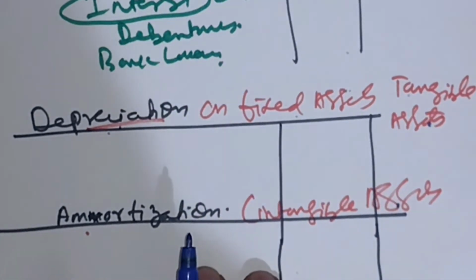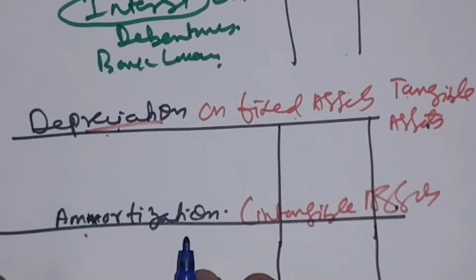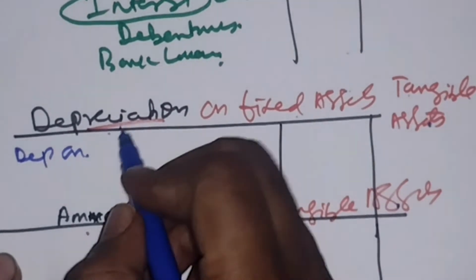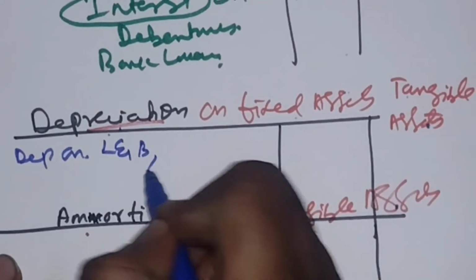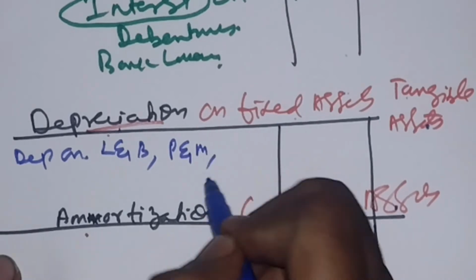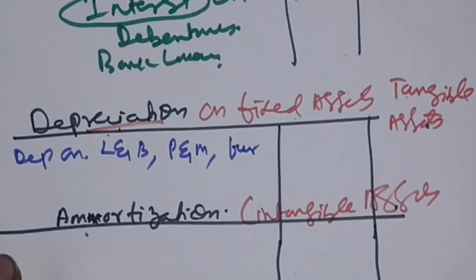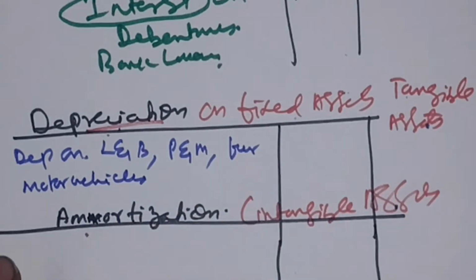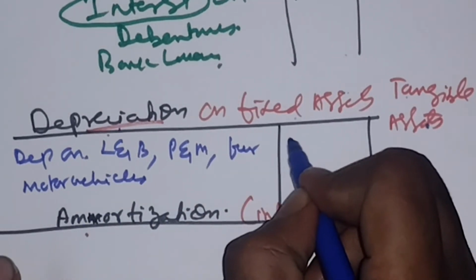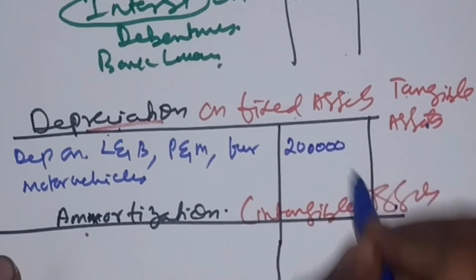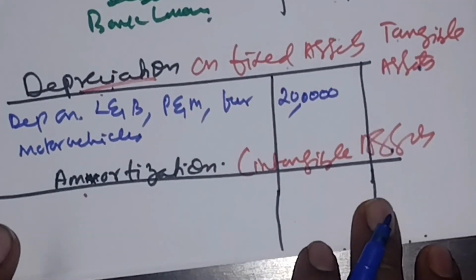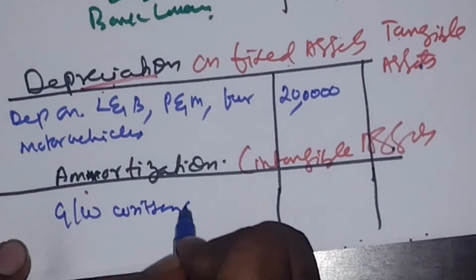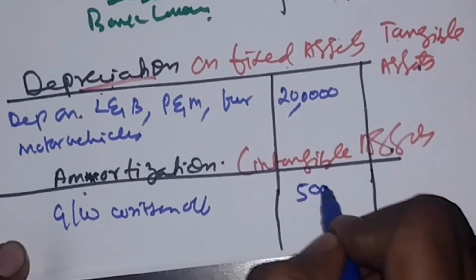For example, depreciation on land and building, plant and machinery, furniture, motor vehicles, all put together, let us assume 20,000 rupees. And goodwill written off 5,000 rupees.